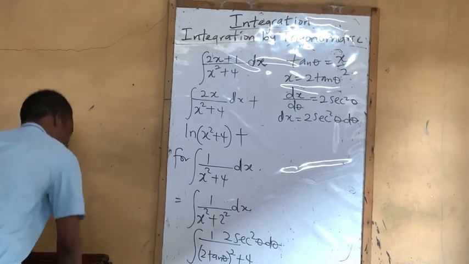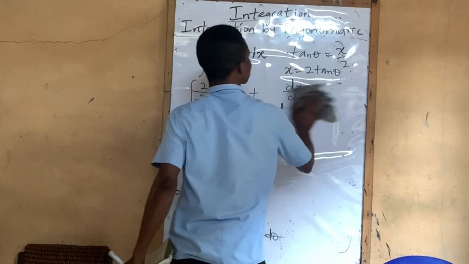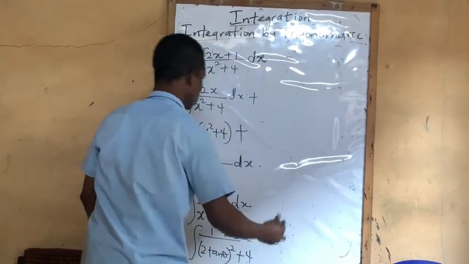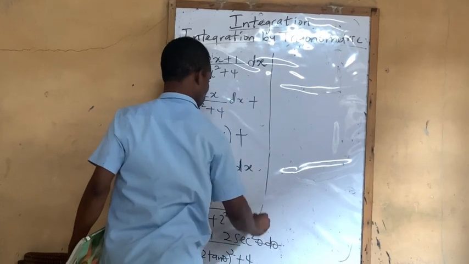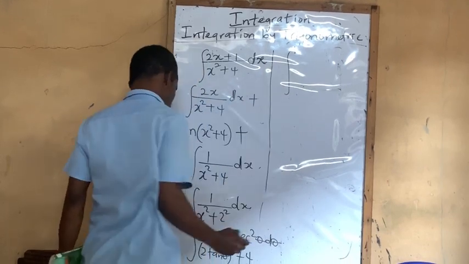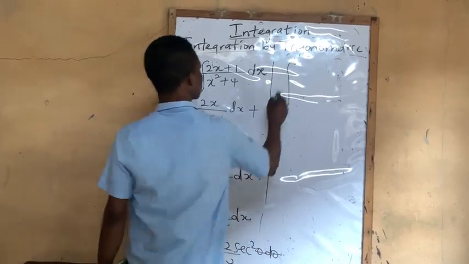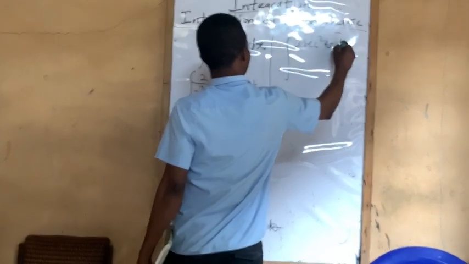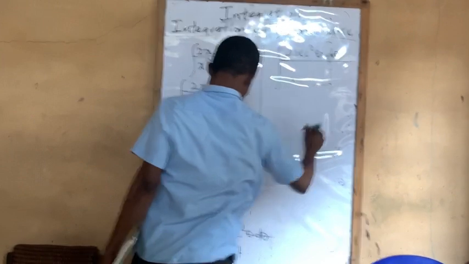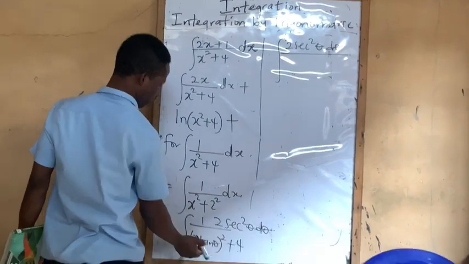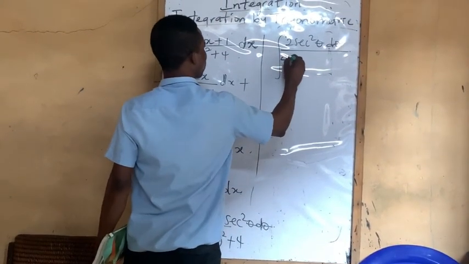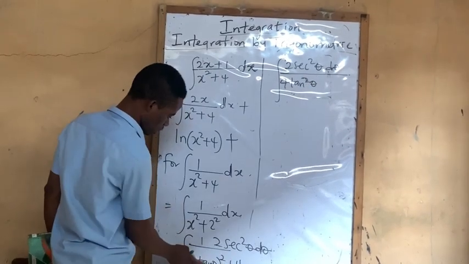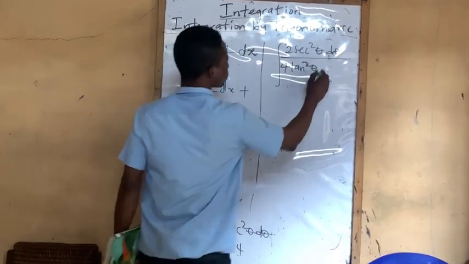So definitely we are having something of this nature. That means integral of 2 sec squared theta d theta all over 4 tan squared theta, this square is for this and this, plus 4.